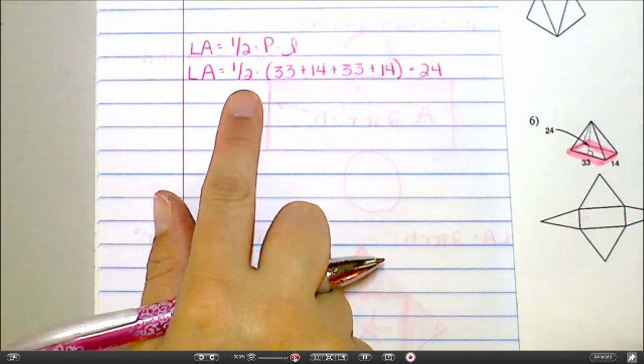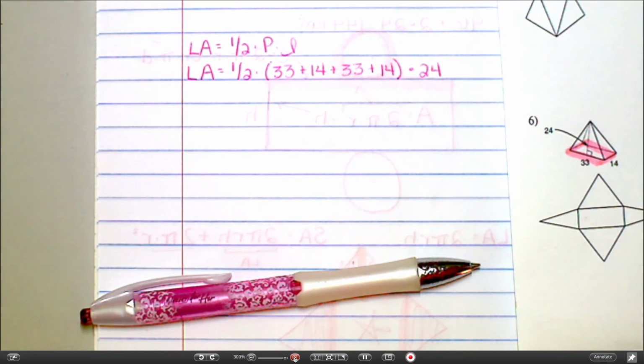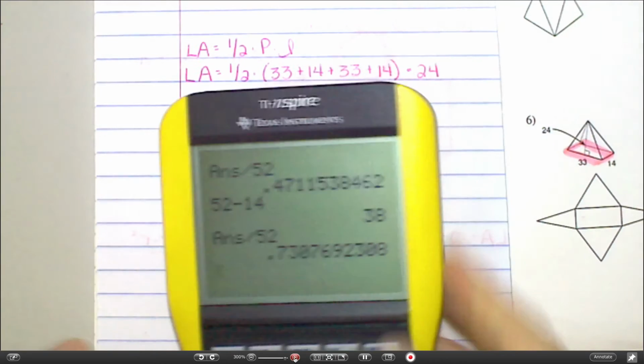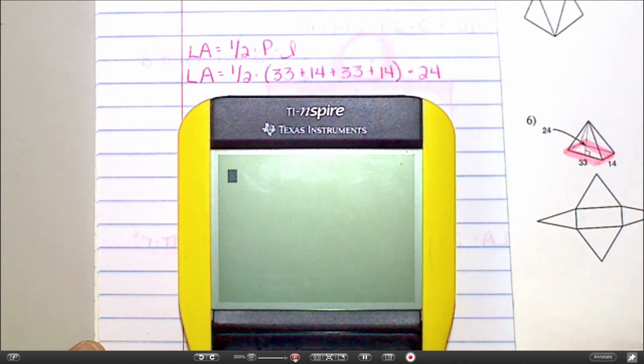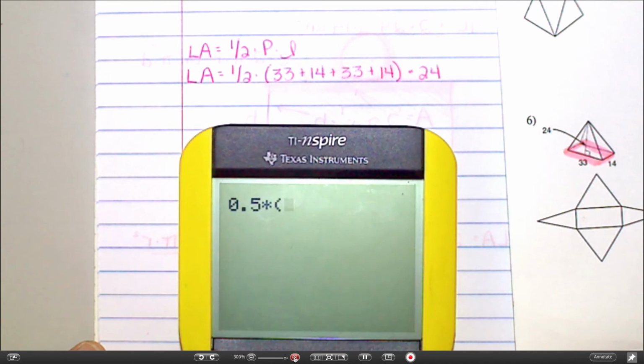In my calculator, I would type this in almost exactly as it's written. Just a second ago, Spencer said we could take 1/2 and make it a 0.5. That's probably an easier way to type it in. I would type it in as 0.5 times parentheses 33 plus 14 plus 33 plus 14 times 24.